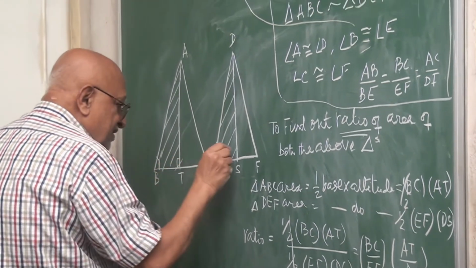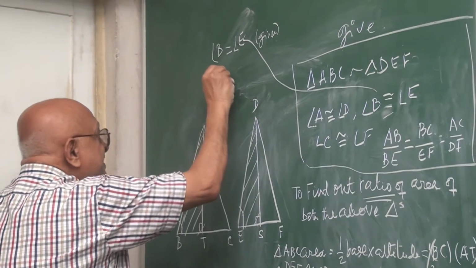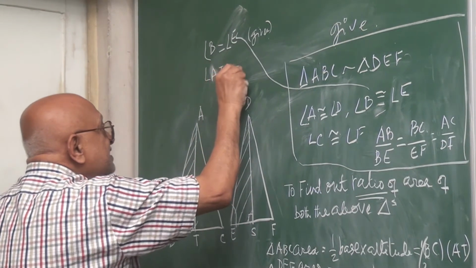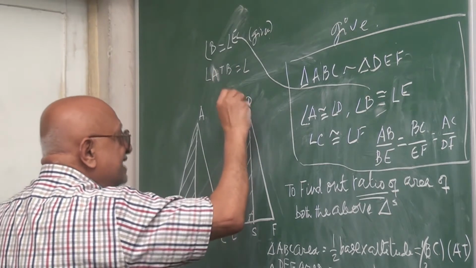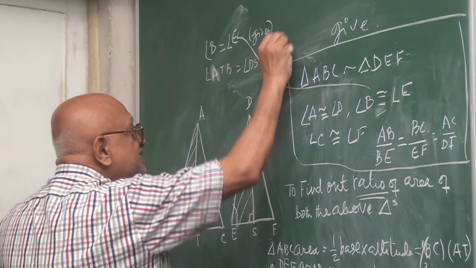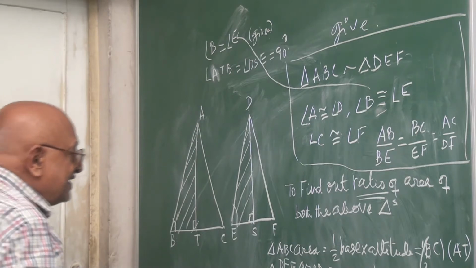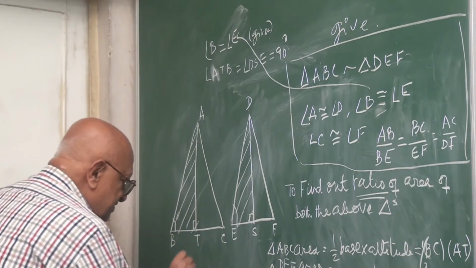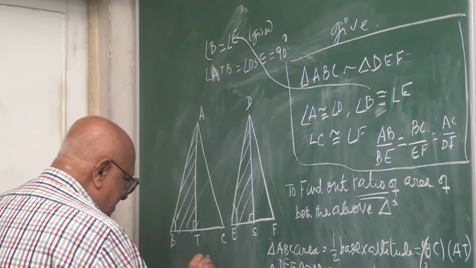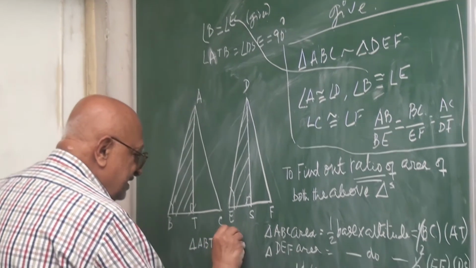This is perpendicular, so angle ATB is equal to DSE. Both of them are 90 degrees. So I can easily say that triangle ABT is similar to triangle DES.